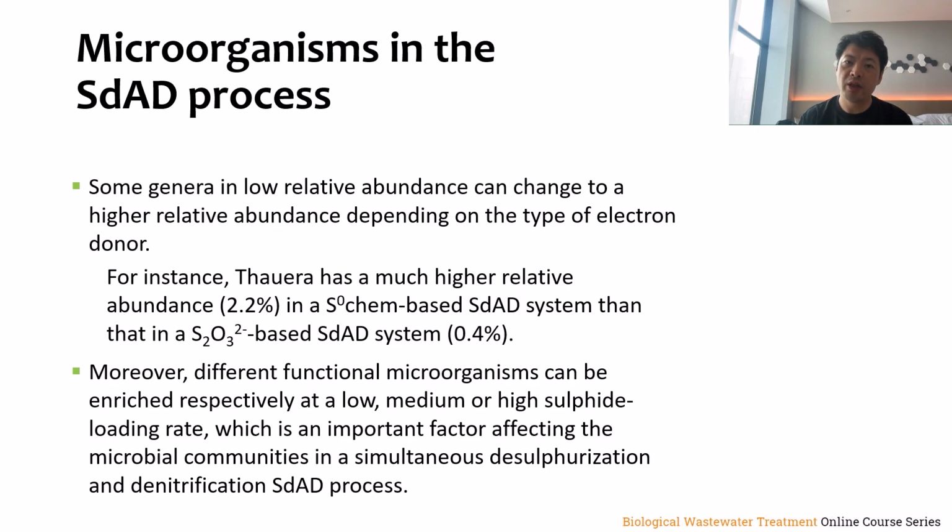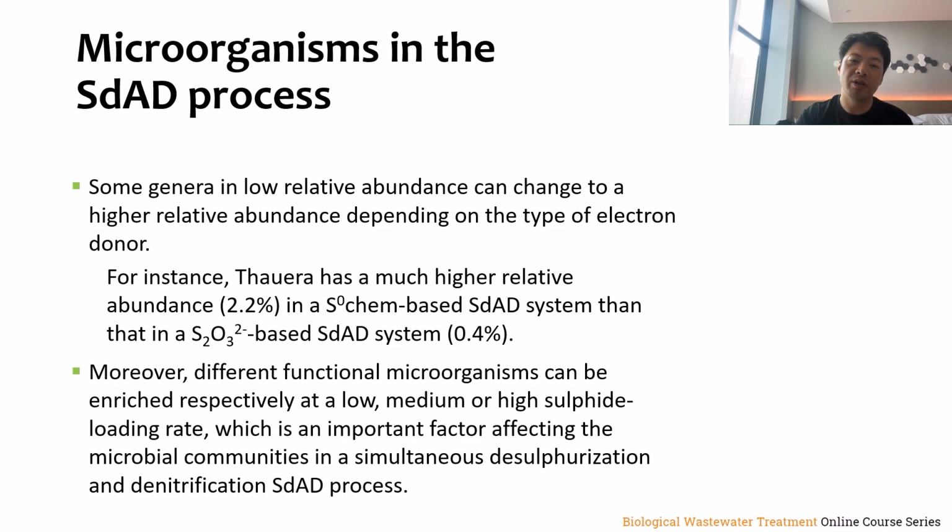Some genera in low relative abundance can change to a higher relative abundance depending on the type of electron donor. For instance, Terra has much higher relative abundance in a chemical sulfur-based, sulfur-driven autotrophic denitrification system than in a sulfate-based one.